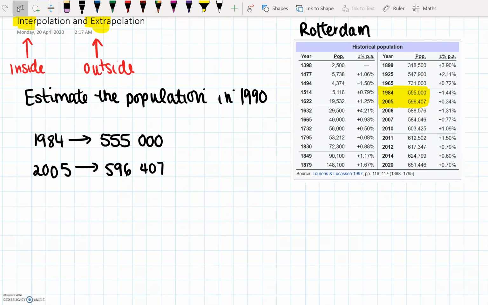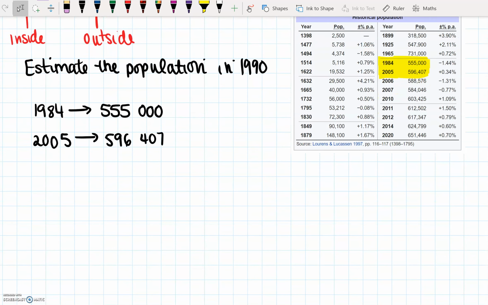So these are our two data points. The first thing we want to do is look at how many years this has changed by. From 1984 to 2005, that is 21 years. So we have 21 years. I've not left myself enough space here to write it, so I'm going to just quickly move it over.